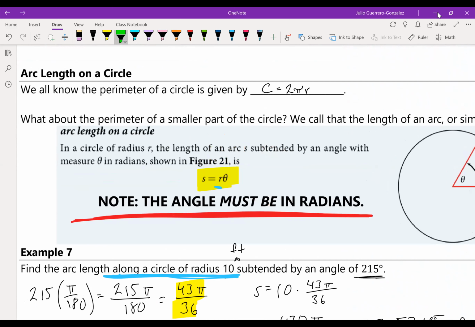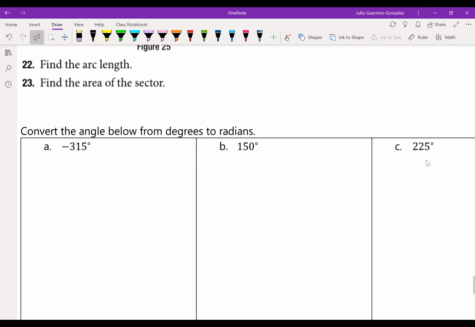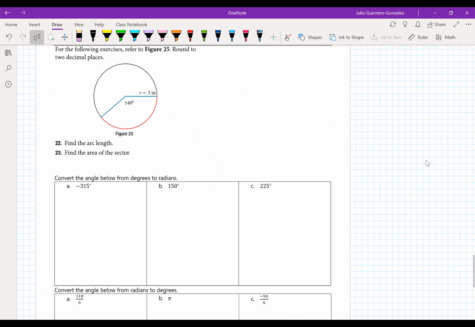You need to make sure that your angle is in radians before you do anything.